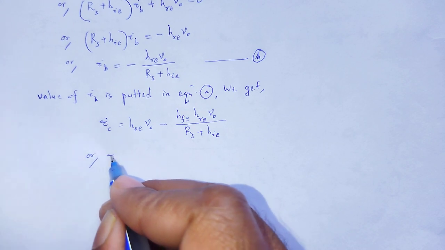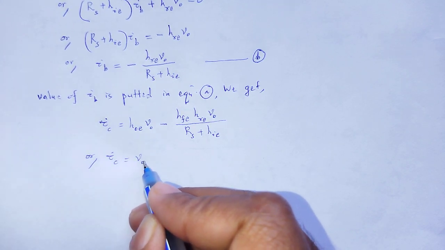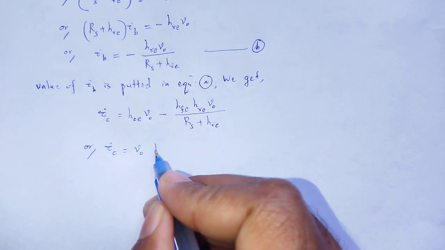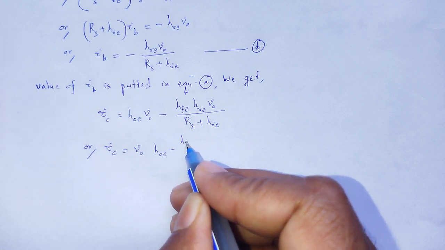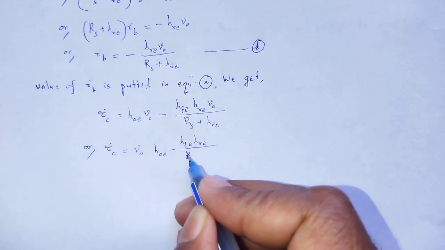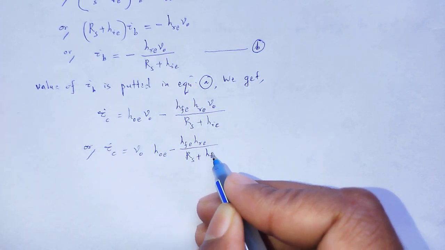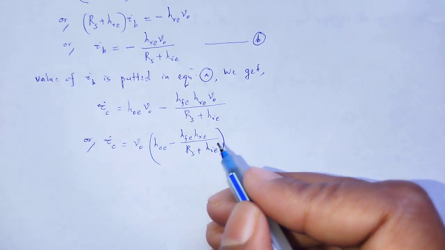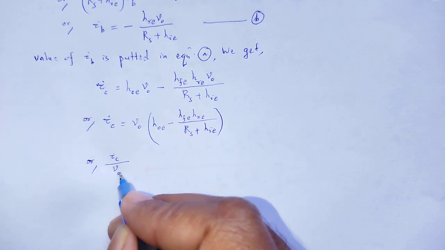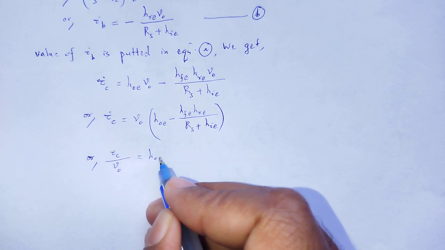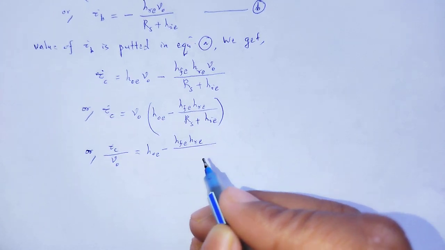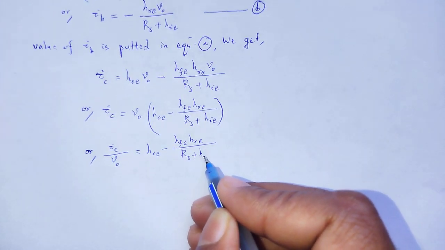Or IC is equal to VO as common, and in the bracket we have HOE minus HFE HRE divided by RS plus HIE, or IC divided by VO is equal to HOE minus HFE HRE divided by RS plus HIE.